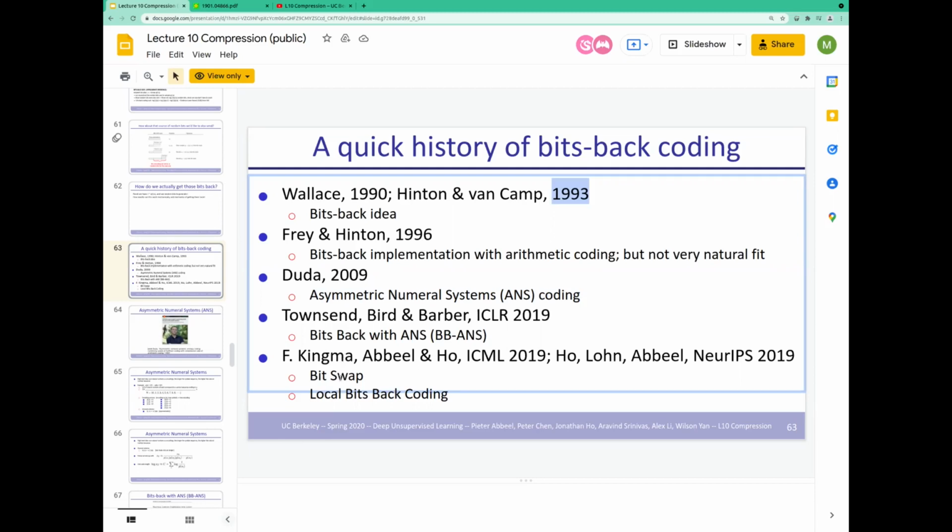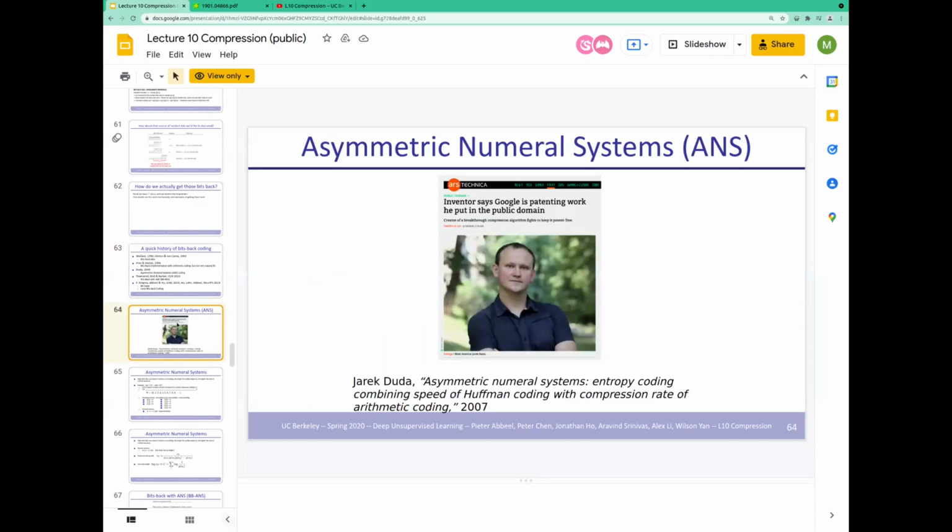And this is the bit swap, and these are the two papers that Pieter Abbeel's group have written. Okay, and so the next one is the asymmetric numeral systems, ANS, that we can use instead of arithmetic coding.